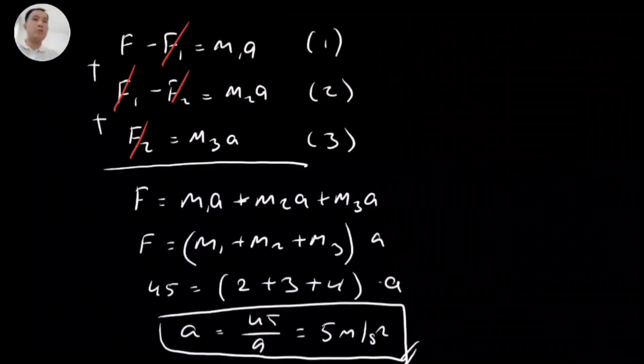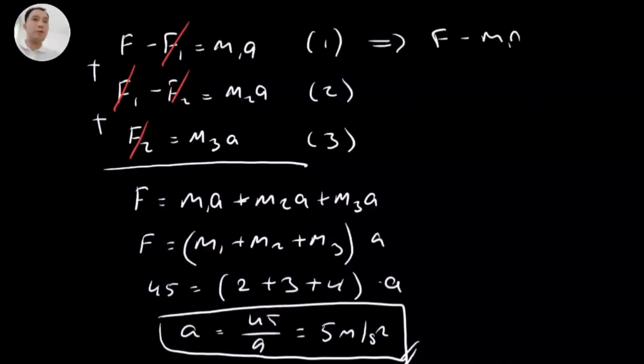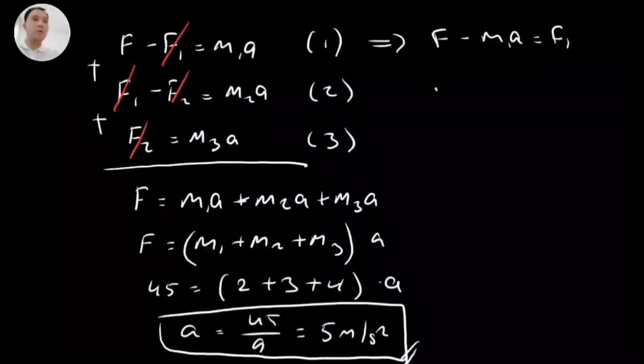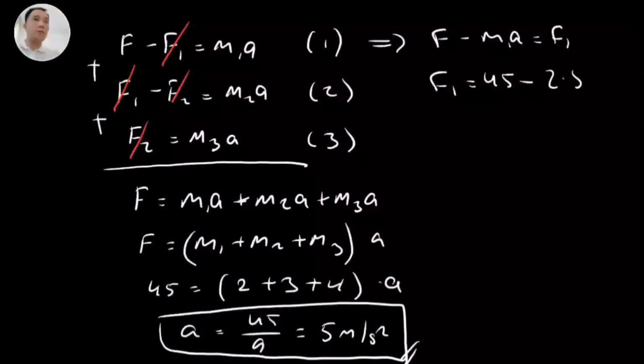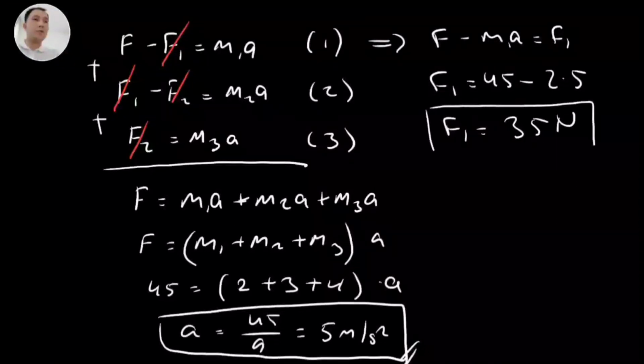Now the question was the contact forces between the objects. So we can come back to the first equation: F minus M1A equals F1. So F1 equals 45 minus 2 kilograms times 5, F1 equals 35 newtons. This is the contact force between the first and second object.